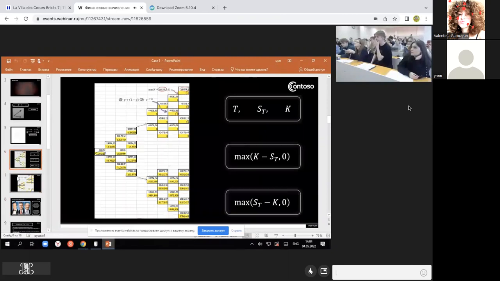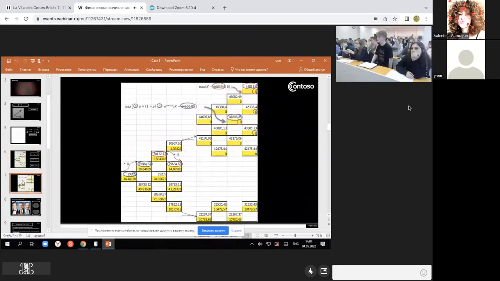So, one more time. This is the case for European model. Because we have European type of option, and here also we have the American type of option. In case you have the American type of option, you should compare on each step: is it possible to execute the option at this current moment?